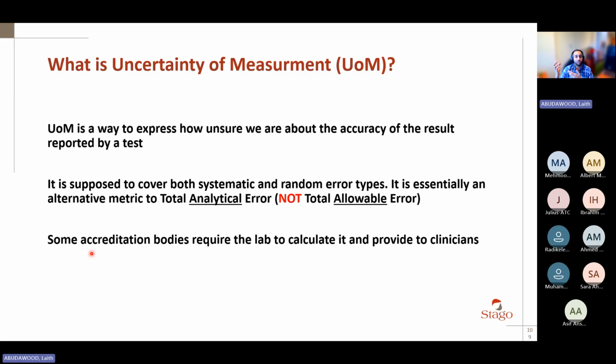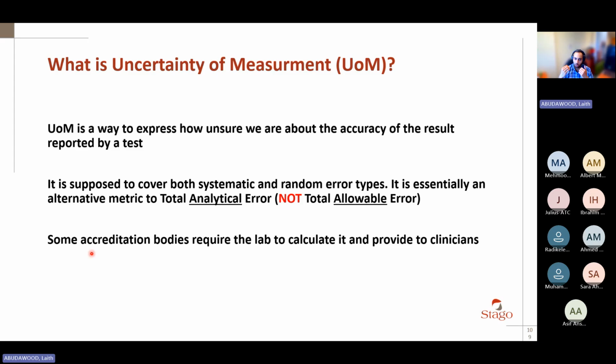So it's important for the clinician, if possible, to have uncertainty of measurement reported, so the clinician will know, oh okay, this test's uncertainty of measurement is very small. So even if the result is a little bit biased or a little bit imprecise, it probably will not affect the patient result. Okay. So uncertainty of measurement is really a different way of expressing the total analytical error.